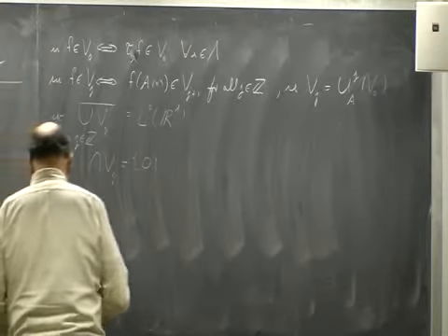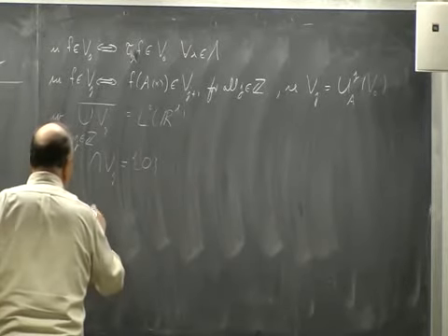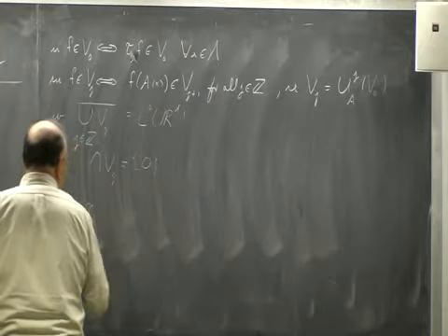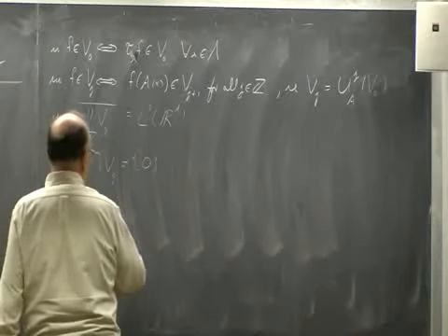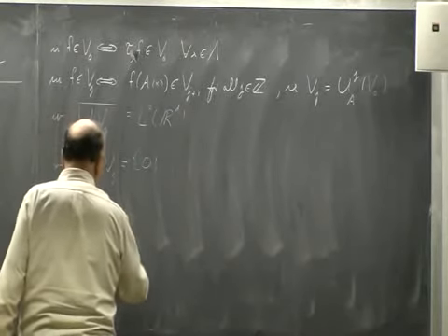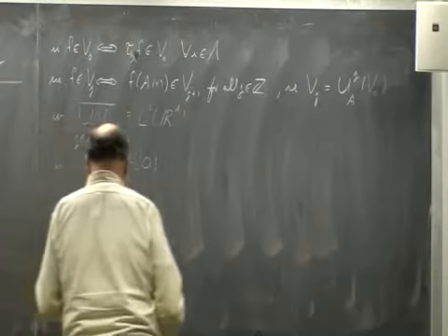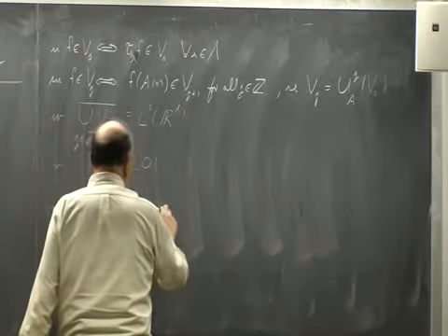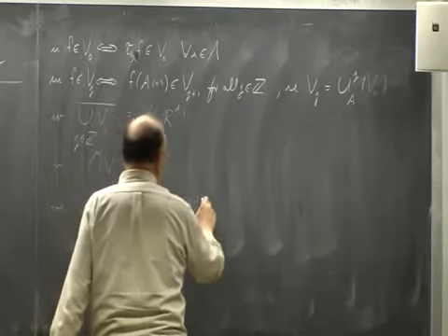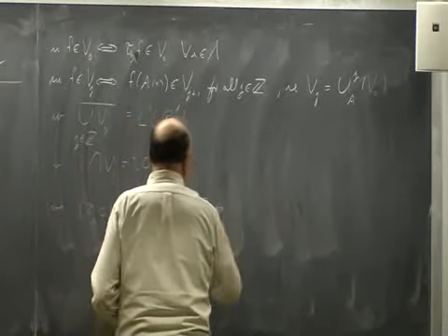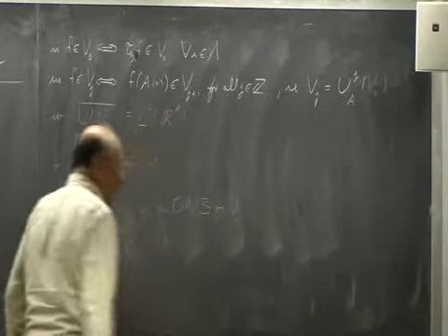And then finally, the translates as we run over the lattice of phi is an orthonormal basis for V0.